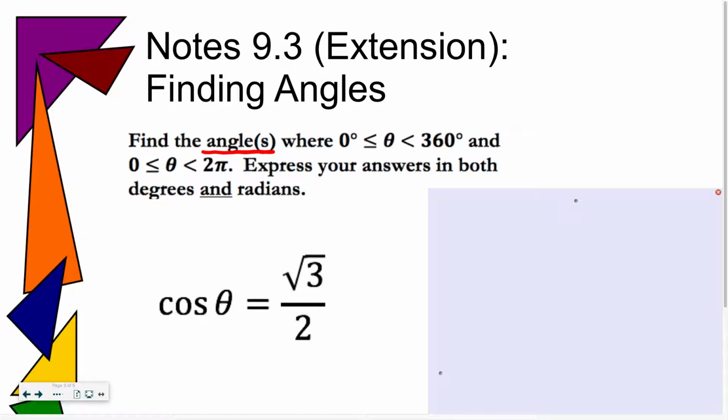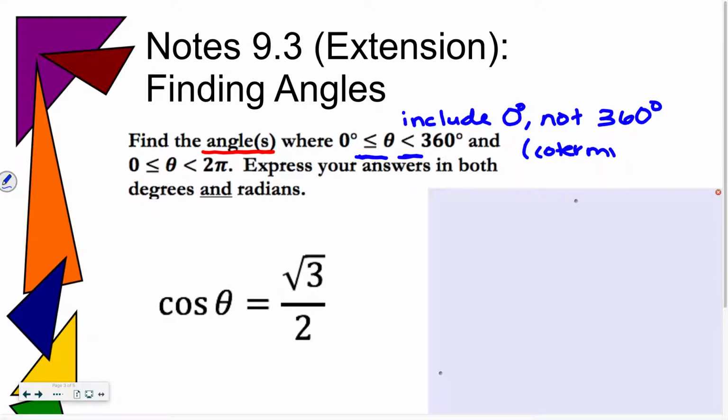Now, before we do the example, I want to talk really quickly about the setup here. Do you see how we have a less than or equal to, and then we have just a less than? This means include 0 degrees, not 360. And if you think about 0 and 360, those 2 angles are coterminal. They're the same angle, aren't they? Just on the positive x-axis.